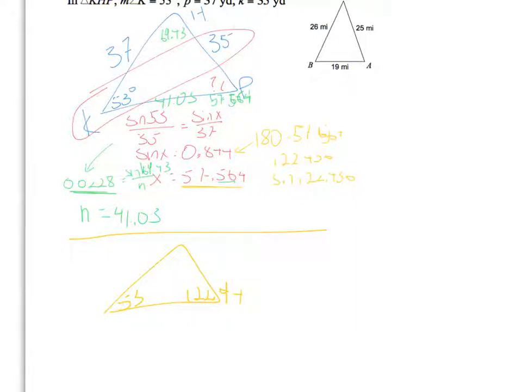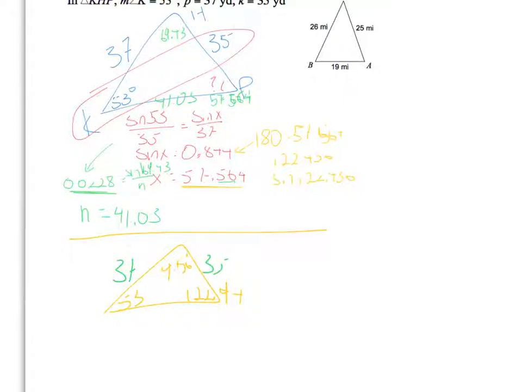Using what I know about triangles, if I do 180 minus 53 and minus 122.44, this is going to be 4.56 degrees up here. It's going to be a really tiny angle. We're still going to have 37. We're still going to have 35.